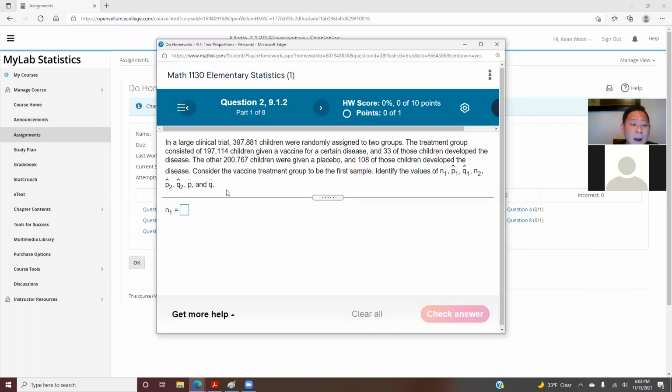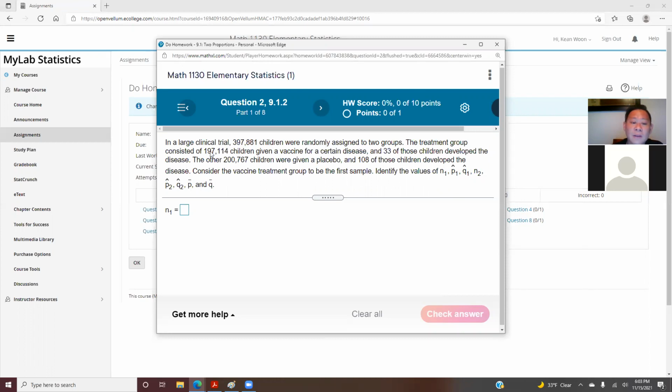So you had to read this, and they will ask you what is N1, what is N2, what is P1, P1 bar and Q. So how do you find N1 in this case? I know that N1 is the sample size. So it will be the first, 197. This is a trial. This many people are randomized into 2 groups.